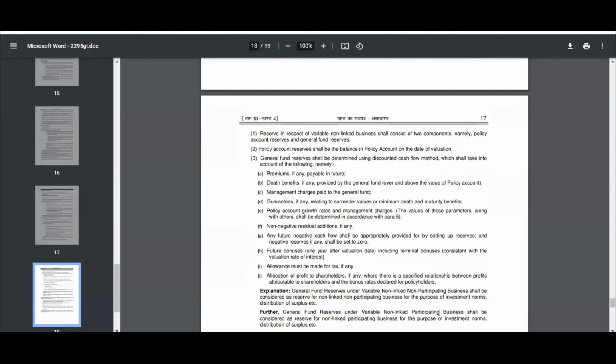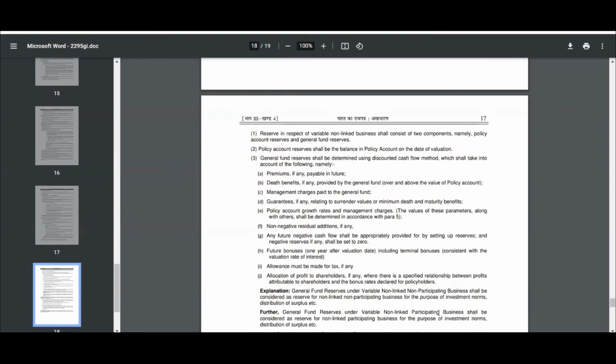However, there are a couple of additions because this is variable non-linked business. So there will be two parts: variable non-linked participating and variable non-linked non-participating. We already know about the variable non-linked participating, which will be similar to the variable linked business.